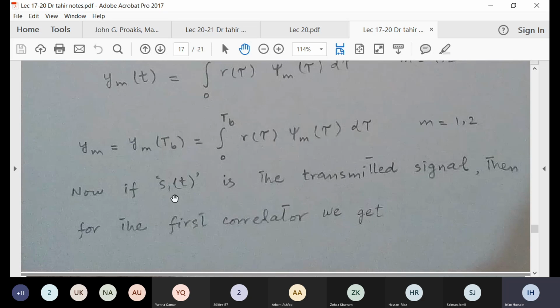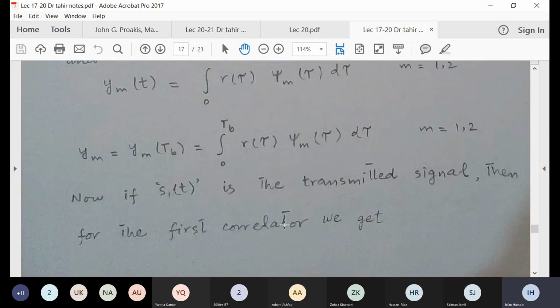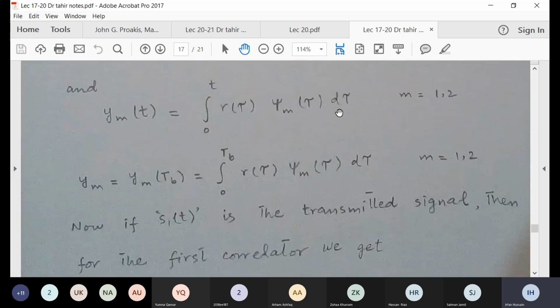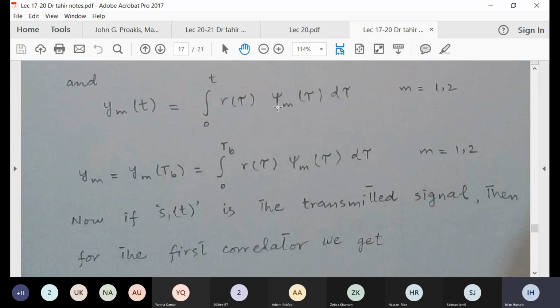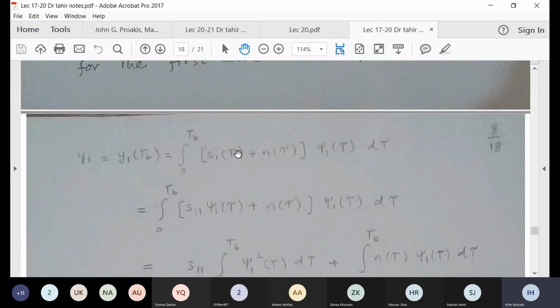Now, assume that S1 was transmitted. What will you get from the first correlator? Y1 is the integral of S1 plus n of tau, into psi 1 of tau. It is just multiplication and then integration. S1 of tau we just saw is actually S11.